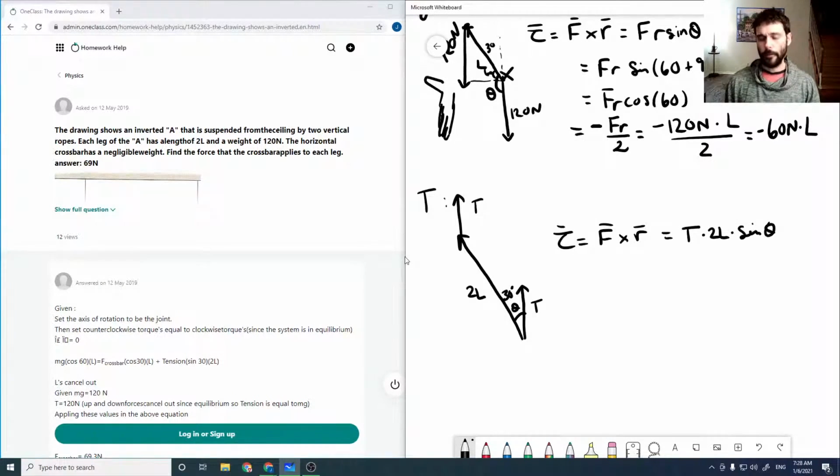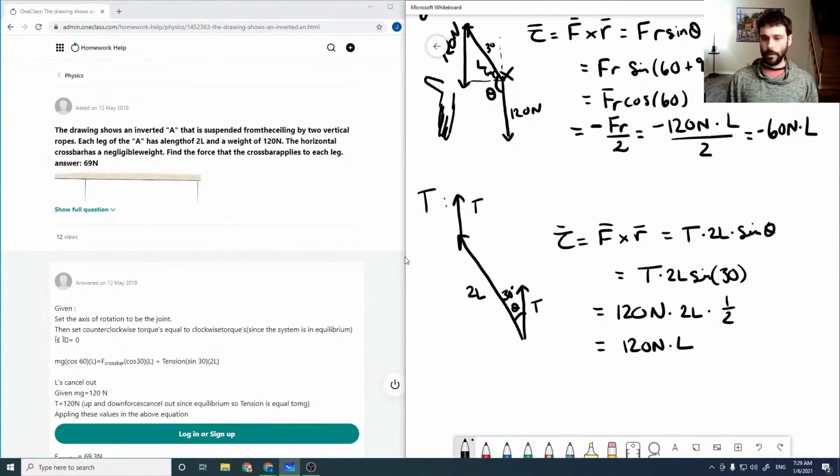And now if we apply our right hand rule, we see that this guy is coming out of the page. So this is a positive torque, and we have all of our values. So that's T times 2L times sine of 30. Sine of 30 is a half, and our tension value is found as 120. So 120 newtons times 2L times a half, which is 120 newtons times L.